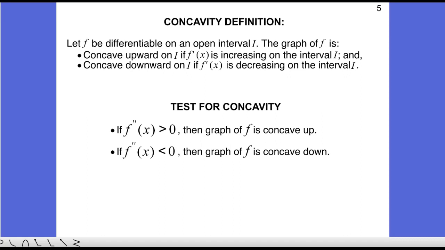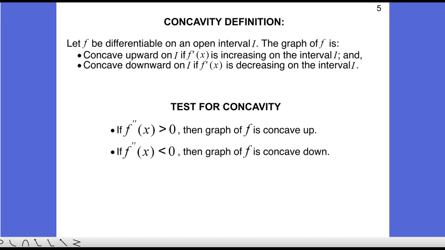And if we do that, we get the second derivative. Now all we need to do is look at the sign of the second derivative, and we will know if the first derivative is increasing and if the original function is concave up. If the second derivative is negative, that means the first derivative is decreasing and the original function is concave down.